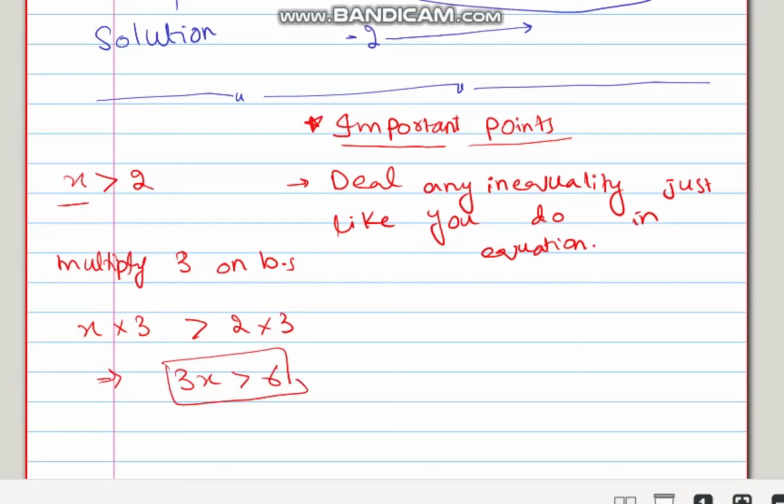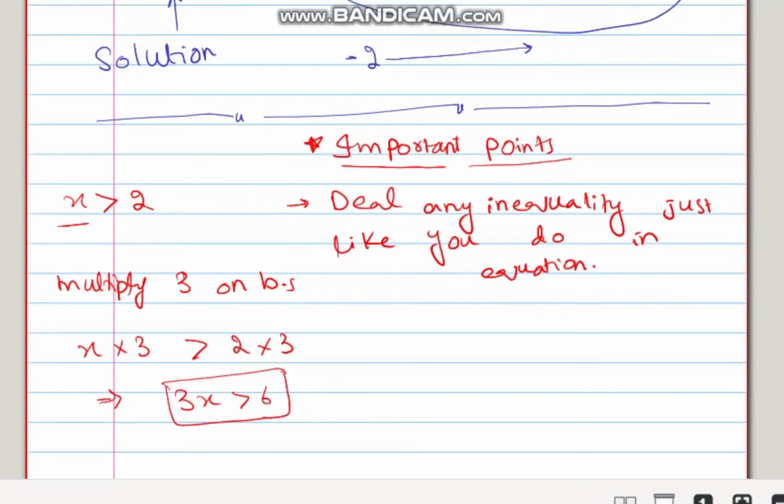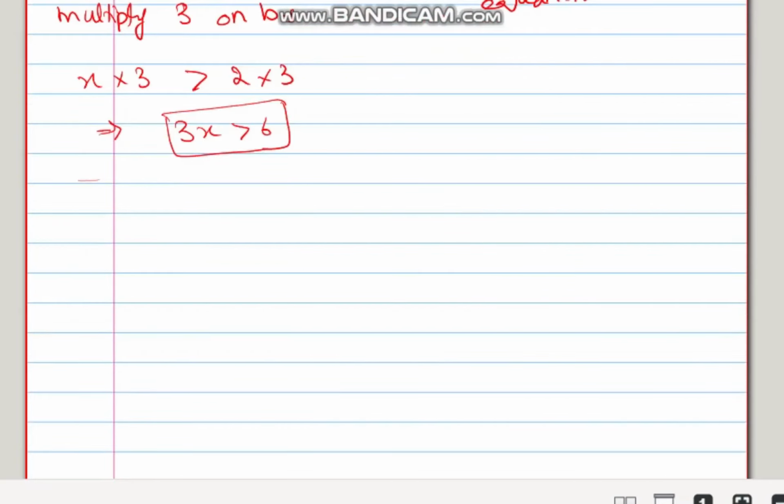This will be your final inequality. Another point is the main point. Let me draw a line here.